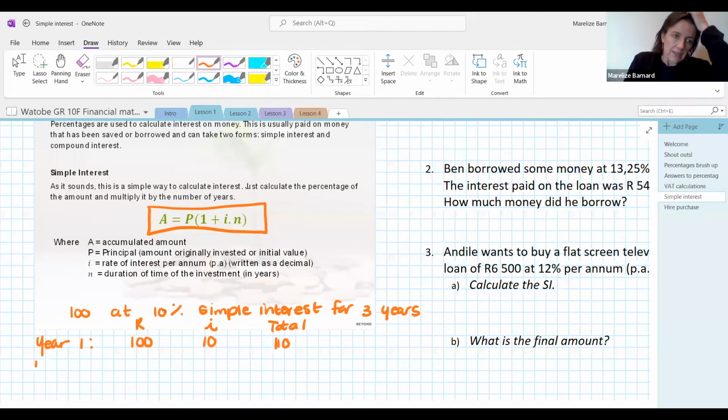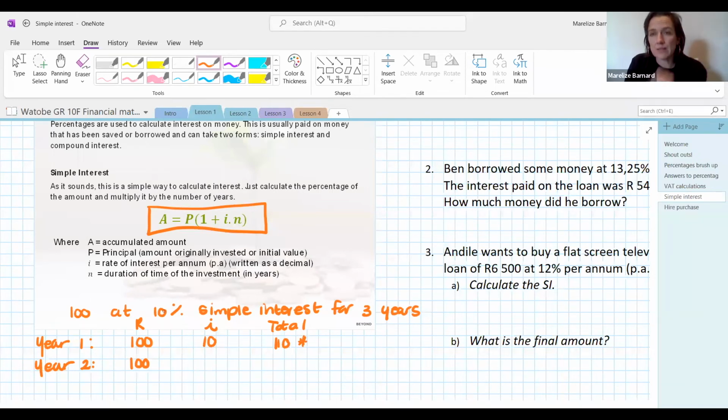So year 2, you put another 100 Rand away. Now, your interest with simple interest is just going to be on the 100 Rand. If you were doing compound interest, then you would get interest on the total from the previous year.